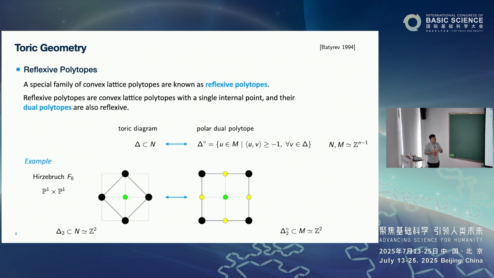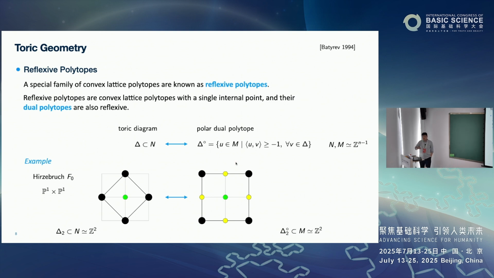A convex lattice polytope which has a single internal point, the origin of the lattice, is known to be a reflexive polytope. So it has a dual polytope and a dual lattice, which is also a reflexive polytope. Here I'm showing you an example in a Z2 lattice. This is the toric diagram of the F0 Hirzebruch surface. And the dual polytope is an orbifold of the conifold.